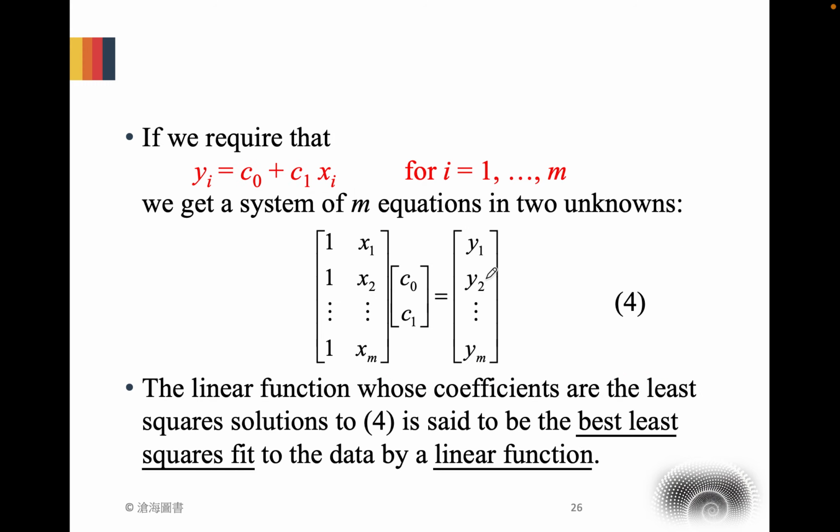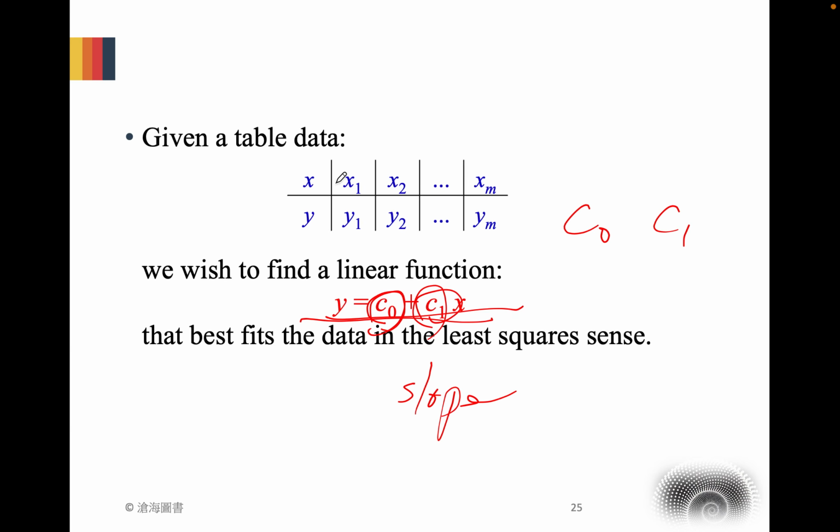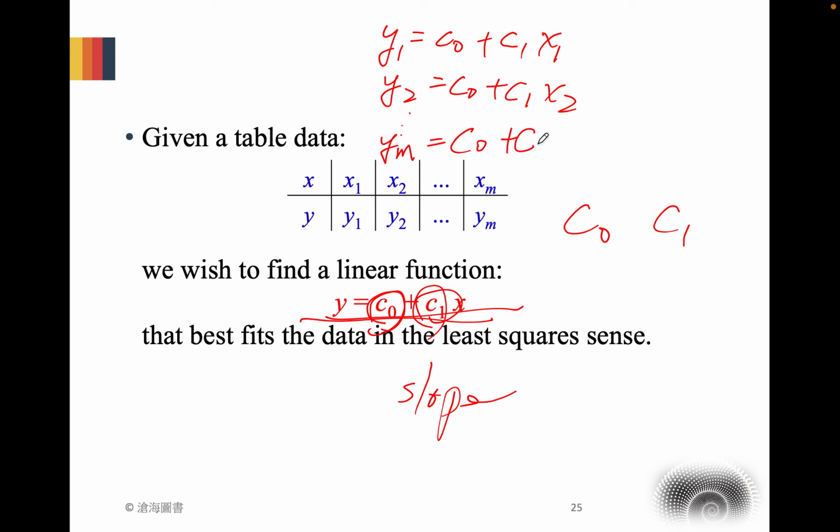Okay? So because we have a set of data points, that means we would like y1 to equal c0 plus c1x1, y2 should be equal to c0 plus c1x2, to ym should be equal to c0 plus c1xm. In fact, this table tells us this relationship, right?